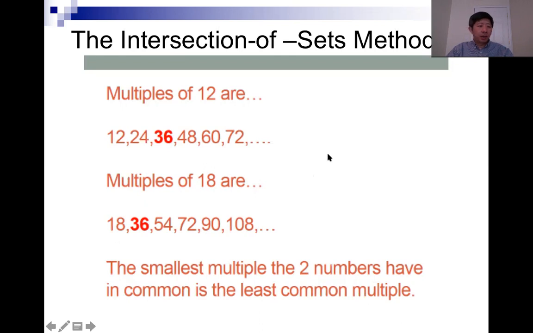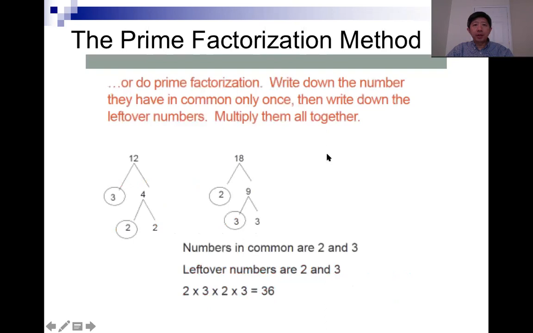The next method we're going to use is the prime factorization method. So I would take 12 and divide it by 3, and I get 4. Now 4 divided by 2, I get 2. So I have prime numbers. And then how about 18? 18 divided by 2, I get 9. And 9 divided by 3, I get 3, right?